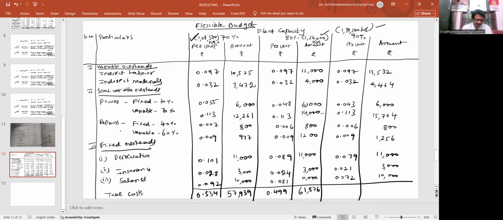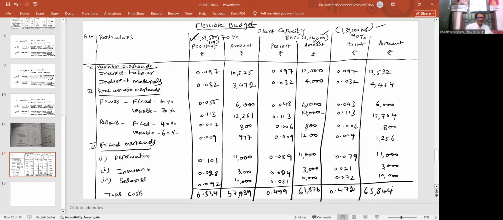Simultaneously do with me for 90%. 0.097 plus 0.032 plus 0.043 plus 0.113 plus 0.006 plus 0.009 plus 0.079 plus 0.021 plus 0.072 comes to 0.472 into 1,39,500, 65,844.